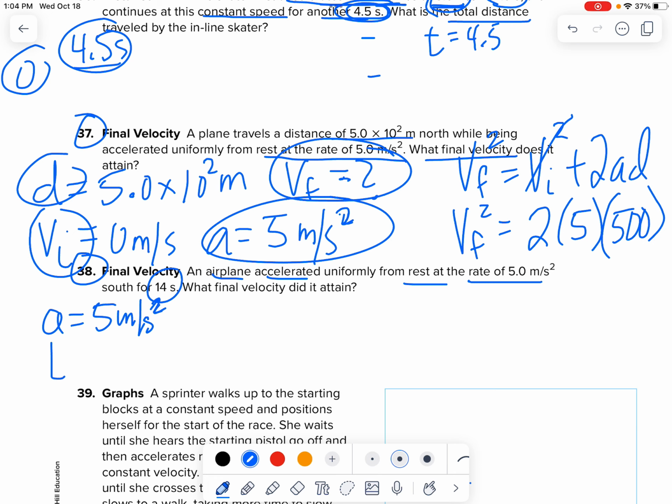This time they're giving us time. We are told that it started from rest, and we want to find the final. You have to search for a formula that has those 4 variables in it. And when you do, you will find this one.